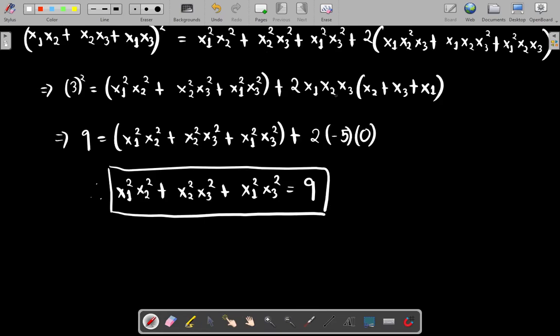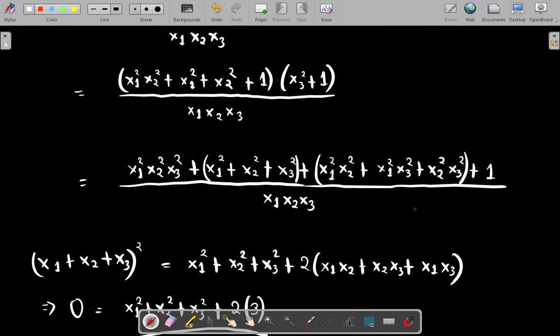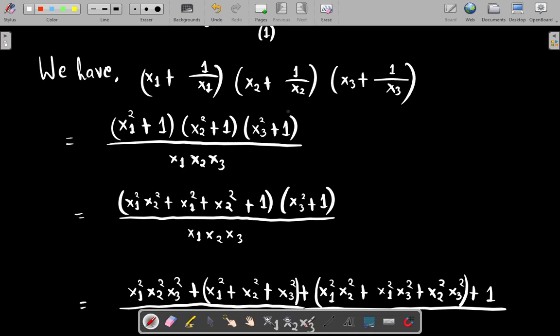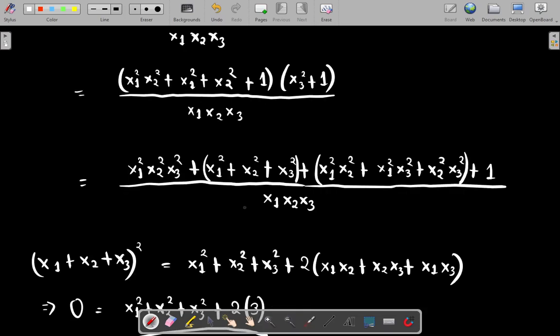If we use these two values in the required expression, the product, we can get the final answer.